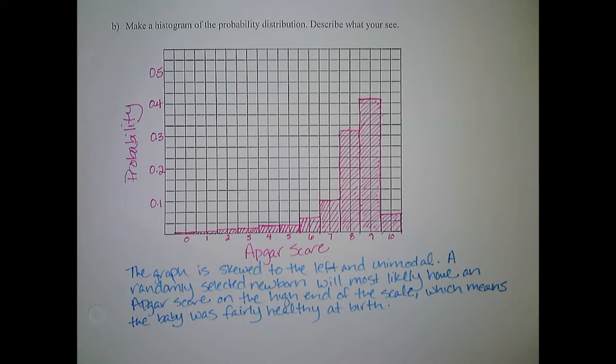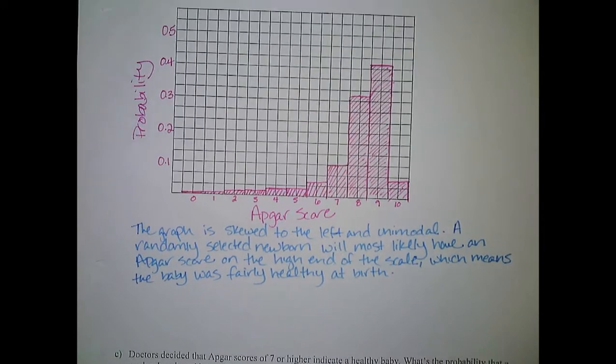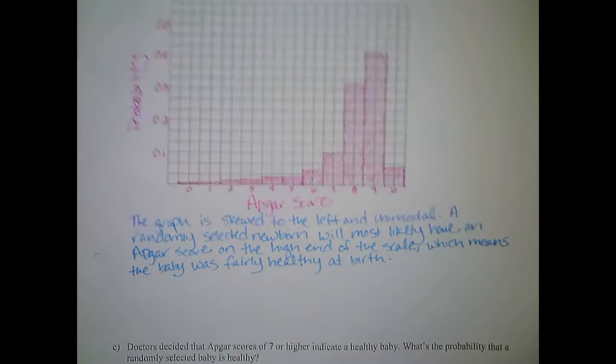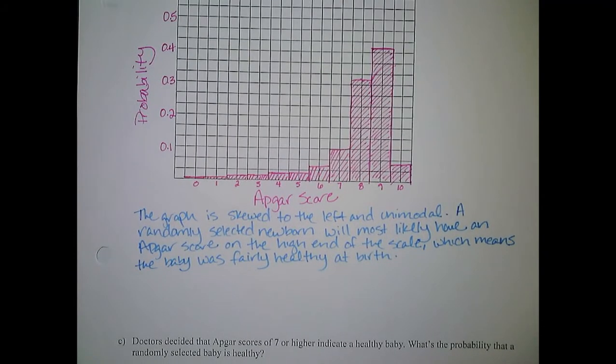If we look back at the probability distribution, specifically at the table, we can tell that the median is going to fall somewhere in the range of an APGAR score of 8. And we know that because the median is our 50% mark. So if we go back and we add up the probabilities, we will see that we'll hit that 50% mark once we get to an APGAR score of 8.